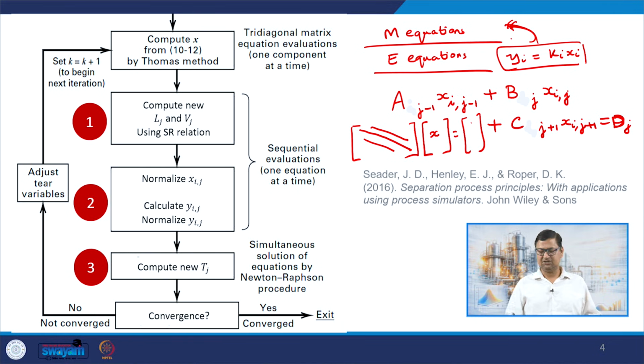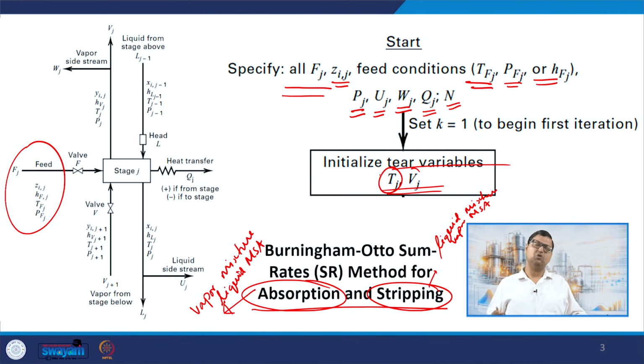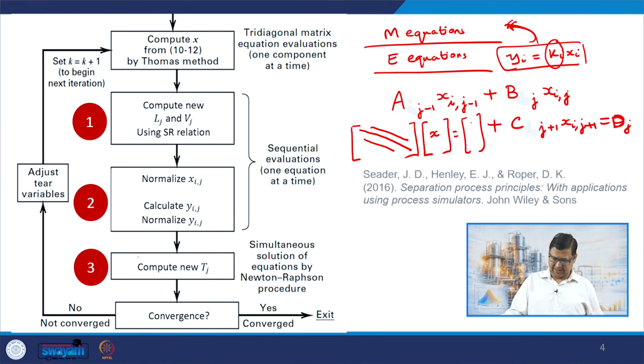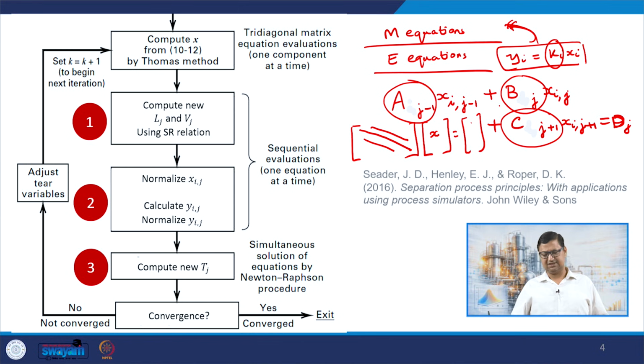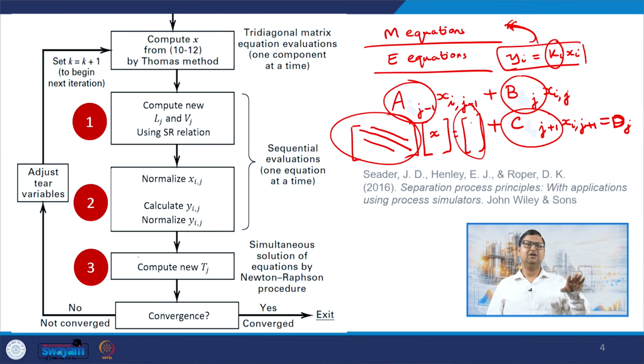But to use that equation we need the K_i values, and the K_i has to come from thermodynamics, and for that we need to provide the temperatures, because temperature will be going into the property relations, right? So if I have that K_i, I can plug it in there, and then I can get the values for these coefficients. In general, the value for this coefficient matrix and the constant matrix for the given guess value of the temperature and the molar flow rates of vapor, right?